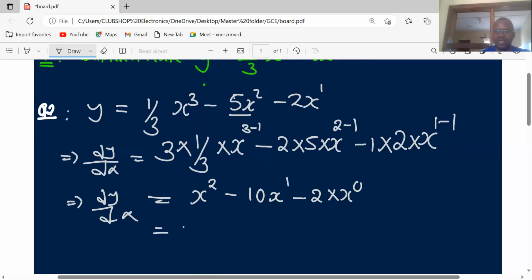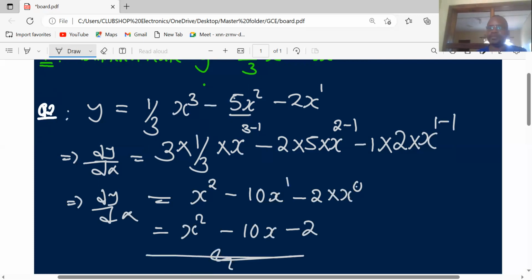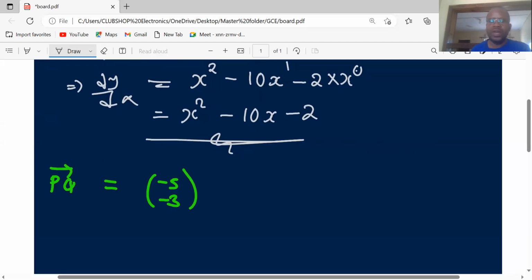This is x squared minus 10x, since x to the power 1 is x, minus 2, since x to the power 0 is 1. So this one is our answer. Great. So basically that is how we differentiate, and that is how you express points as a column vector.